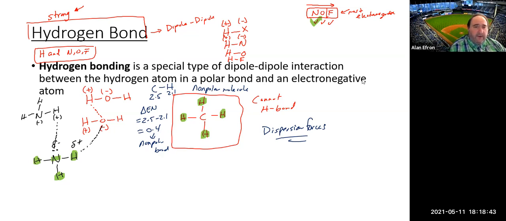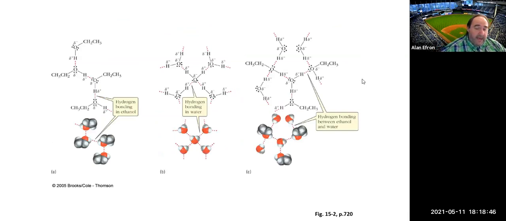So just to summarize what we talked about, here is some hydrogen bonding happening: negative of the oxygen, positive of the hydrogen, in each of these cases. How do all these different forces interact with each other? On one end, we have hydrogen bonding, and hydrogen bonding is between two polar molecules.